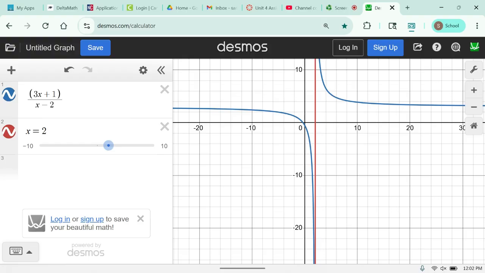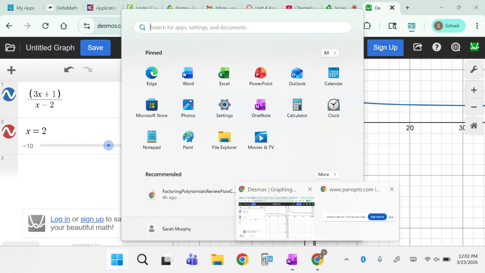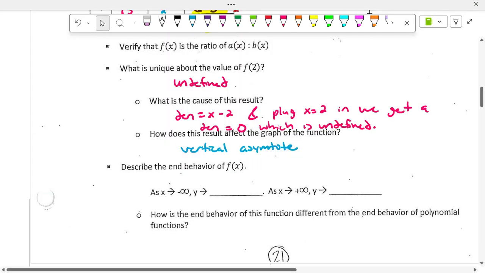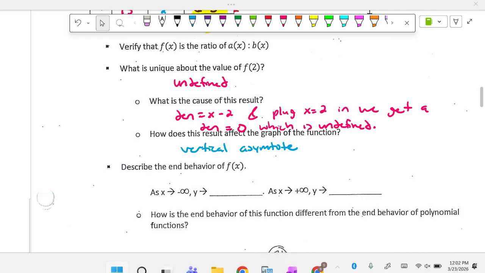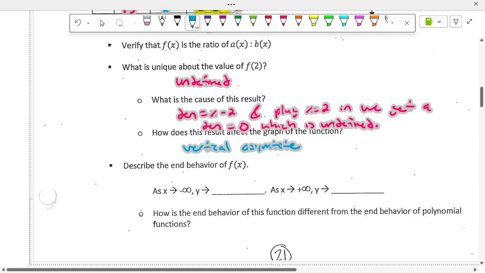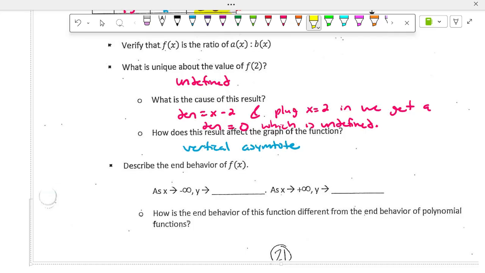Now, what is a little bit different is the tails are kind of different. We typically start with end behavior as x approaches negative infinity, which means we're talking about the left tail.